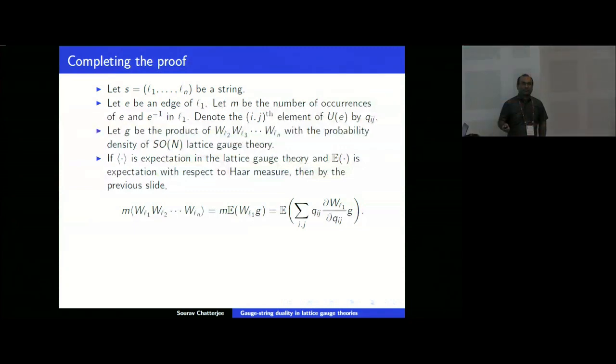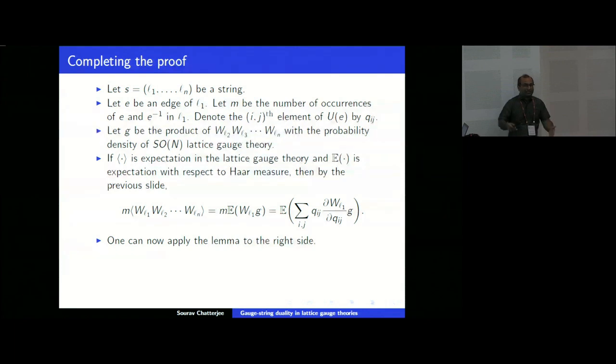Then M times the expectation of W_L1 through W_LN, where this is the expectation in lattice gauge theory, can be written as the expectation in Haar measure of W_L1 times G, where G is this object, because you're taking the probability density inside G. Then, using the previous identity, we can write it like this, and then one can apply the lemma to this side. Just apply the lemma.